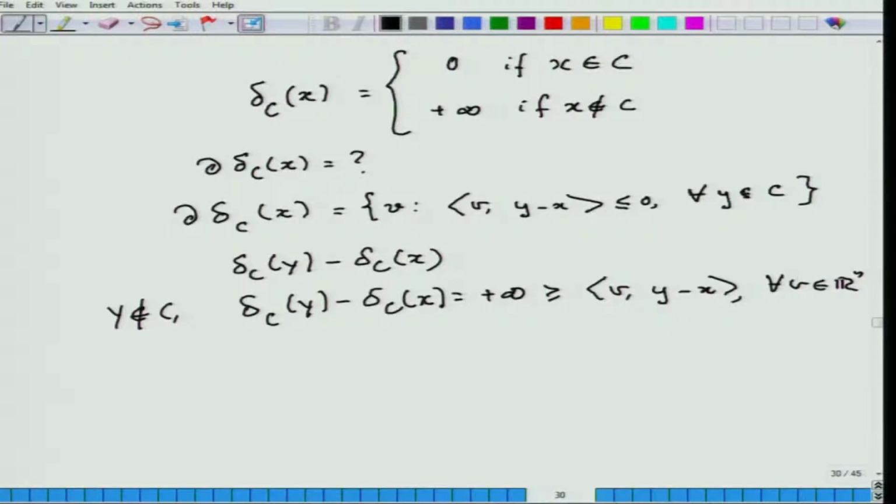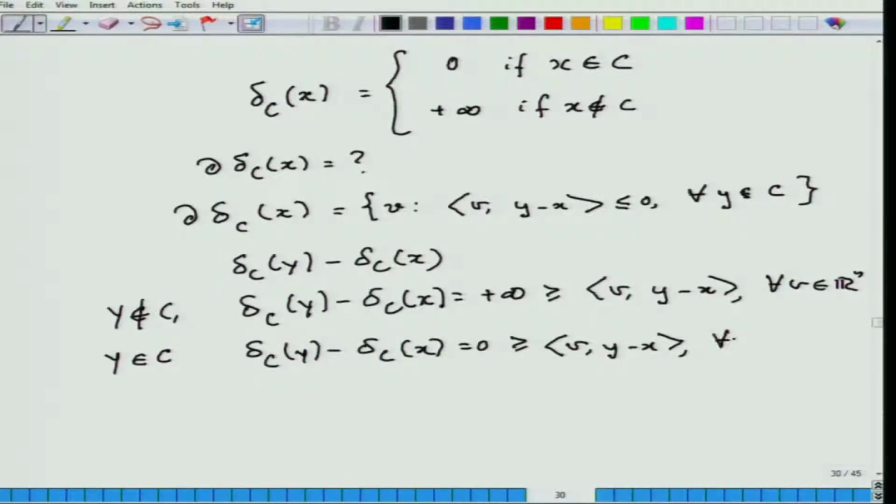Now, if y is now in C, then the indicator at y minus the indicator at x is equal to 0, and any v which has to be a subgradient has to satisfy this, because here we have taken a particular y.